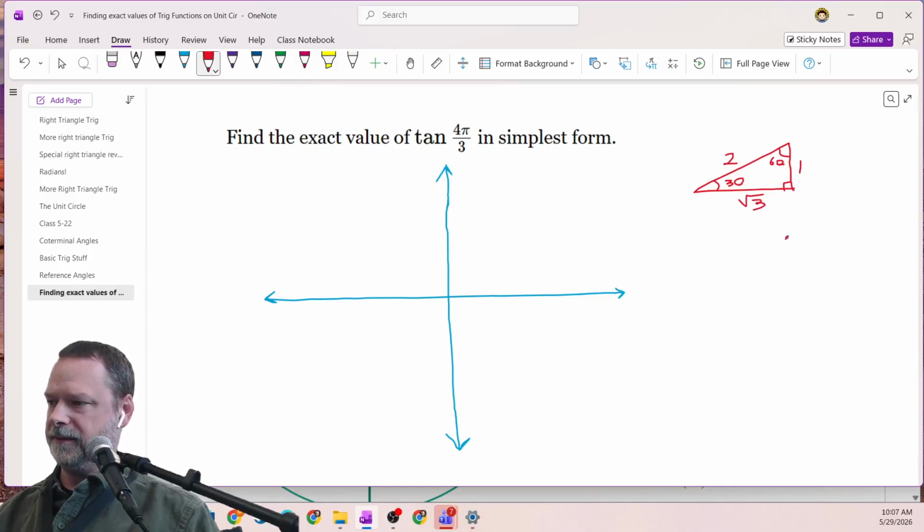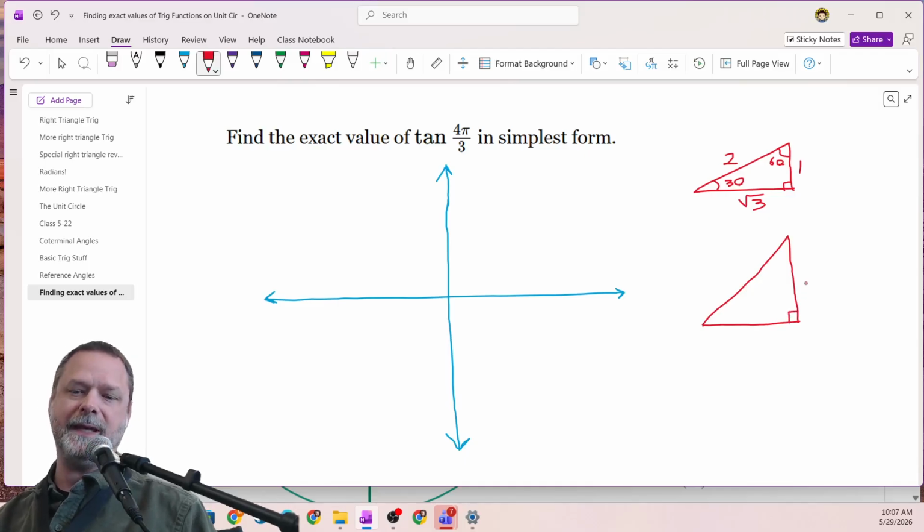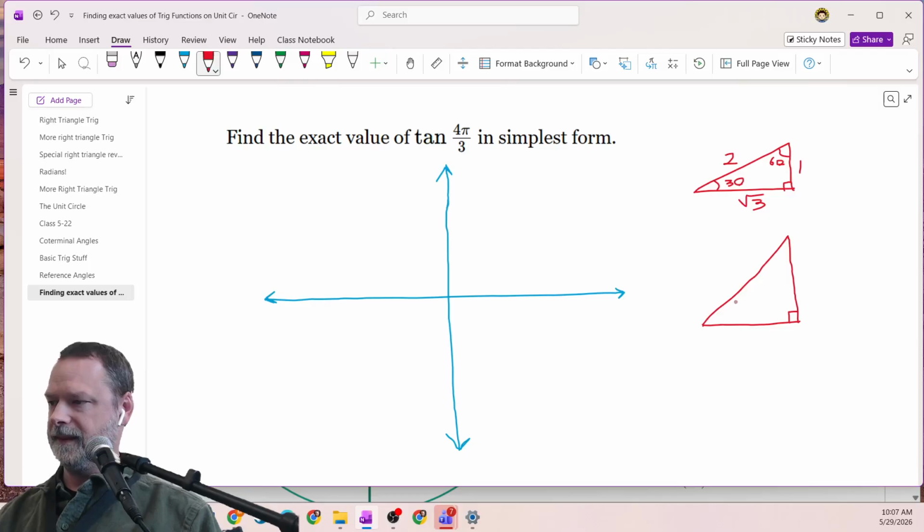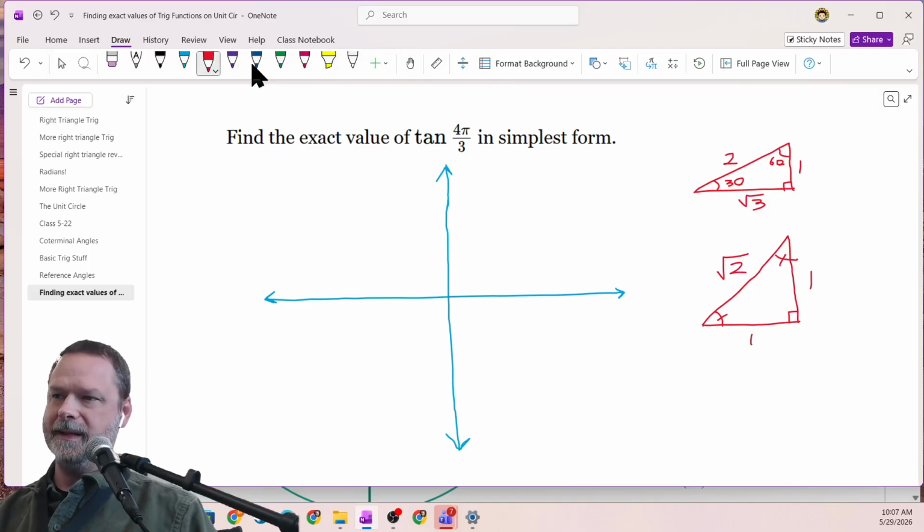And we have our 45, 45, 90 triangle. And we can find these values, exact values, without using a calculator. Easy enough. 45, 45, 90, 1, 1, root 2. In this method right here.